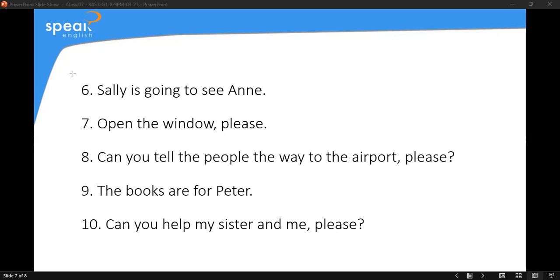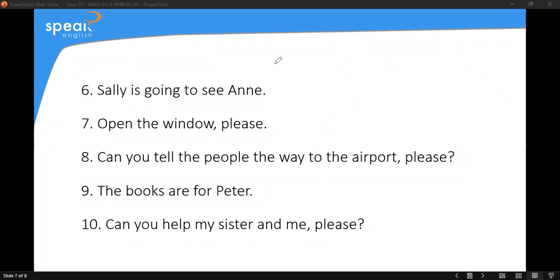Can you read the sentence number 6? Just read the sentence, please. Sally is going to see Annie. Okay, thank you very much.